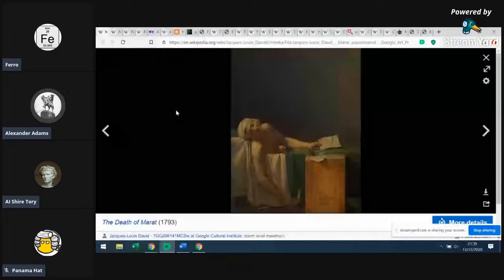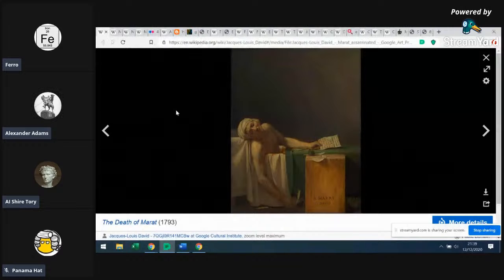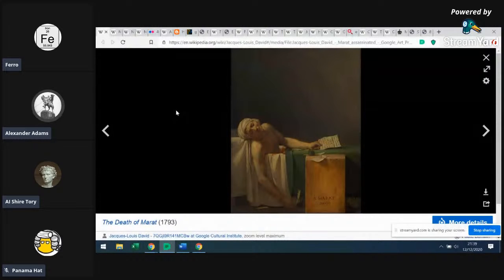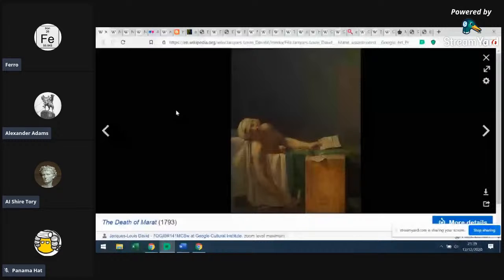And so David, the painter of this, Jacques-Louis David, became a deputy, and he was entrusted with designing a festival to celebrate the Supreme Being, which was an invented god of the revolution, designed specifically to replace the Judeo-Christian God, and the Supreme Being would be the replacement figure in the religion of the revolution.